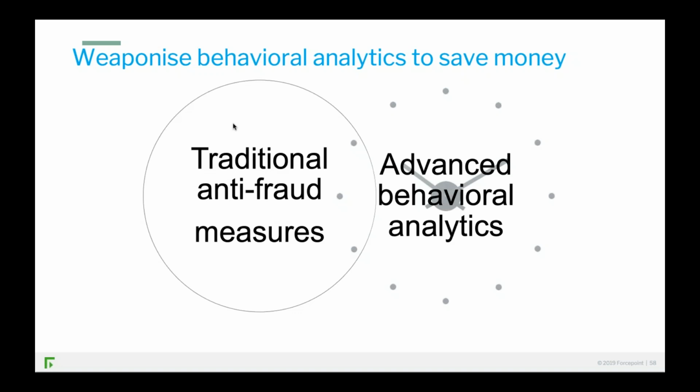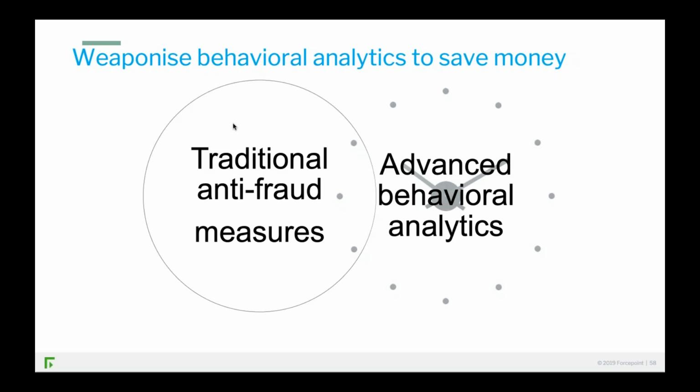So this augments traditional anti-fraud measures, which are typically quite static, not particularly dynamic in terms of how rapidly things are changing, but they are deep. So this is a layer in front of the banking application to spot things in real time.